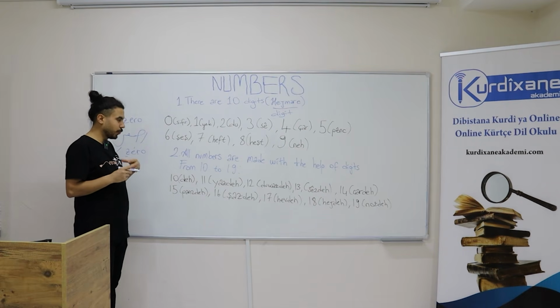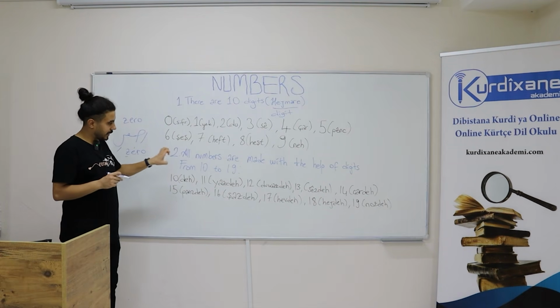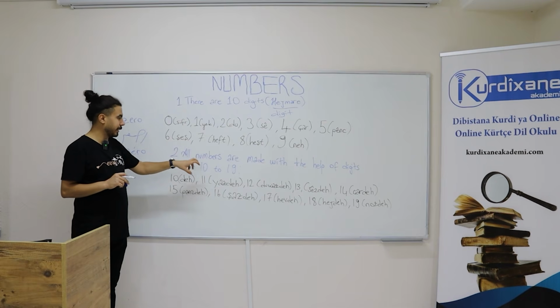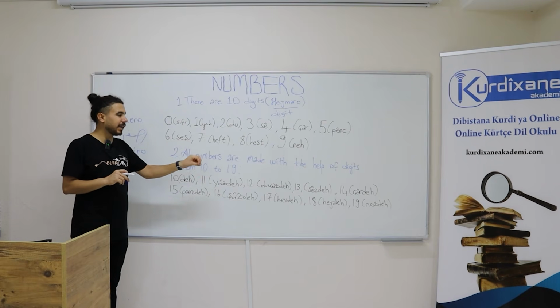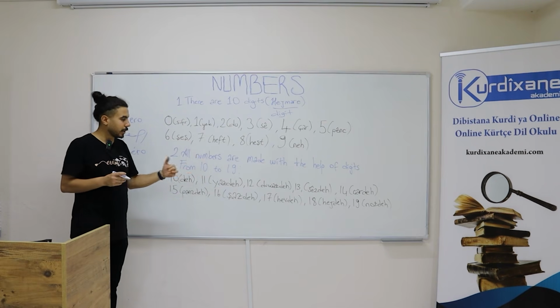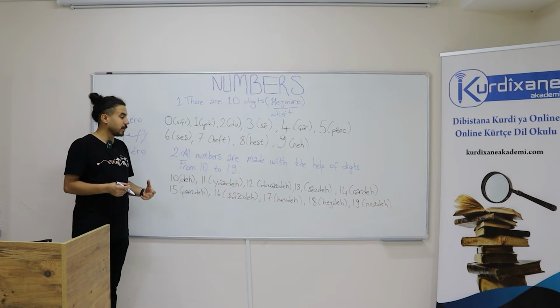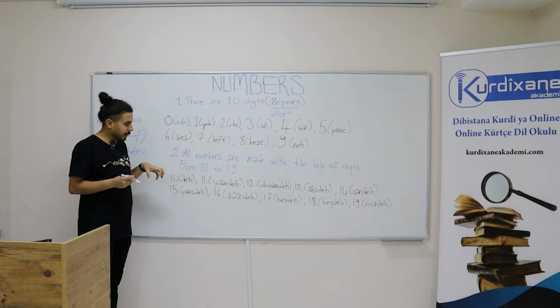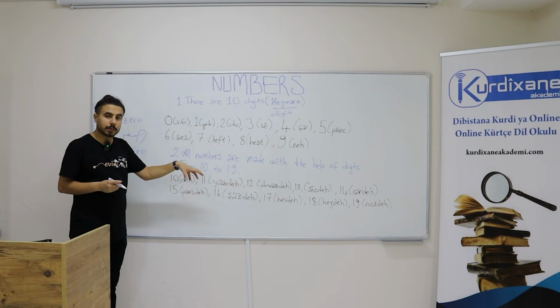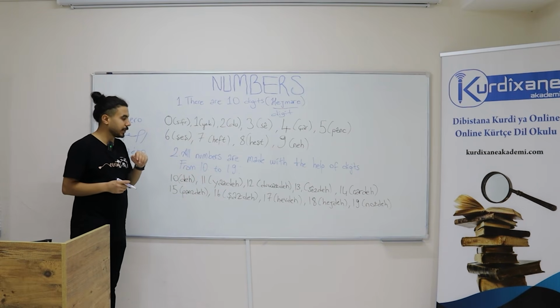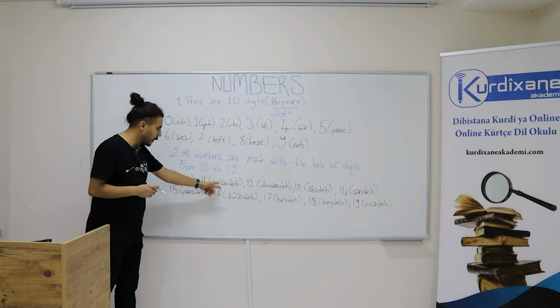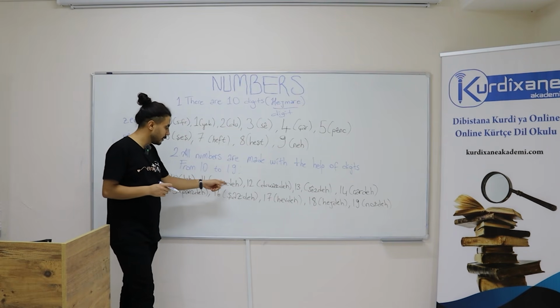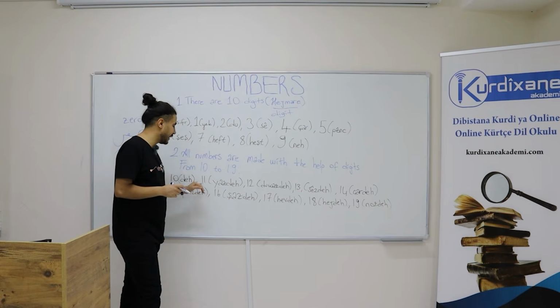Let's now move on to numbers. As you can see, all numbers are made with the help of digits. So you basically use digits to create numbers. Like the logic of the English language, you first say 1, and then you say 10 to mean 11.